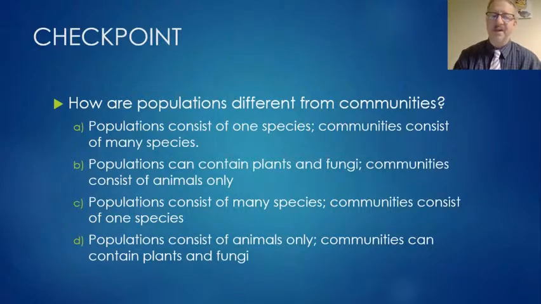Or is it C, populations consist of many species and communities consist of only one species? Or could it be letter D, populations consist of animals only and communities can contain plants and fungi? Take a minute and think about that. You can press pause if you want to think about it before the answer is revealed. And so I'll be quiet for a moment, and then we'll look at the answer.